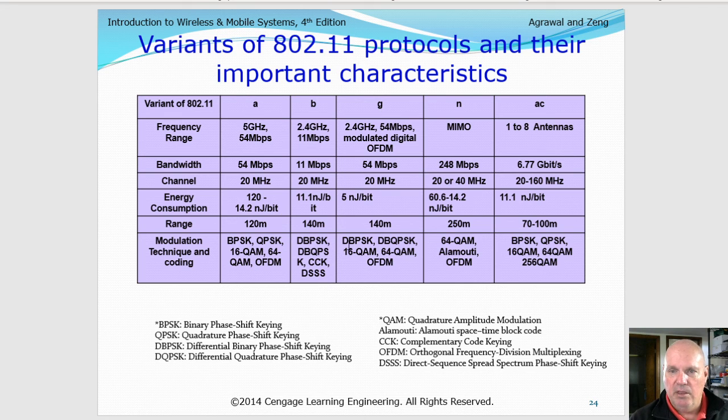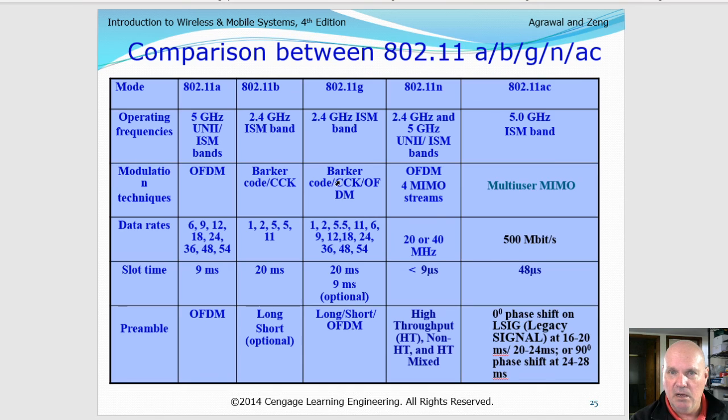The other thing we've tried to increase over the years is range from an access point to user, although you'll see that the AC standard actually has a decreased range compared to 802.11n.